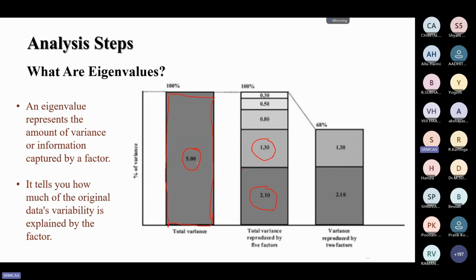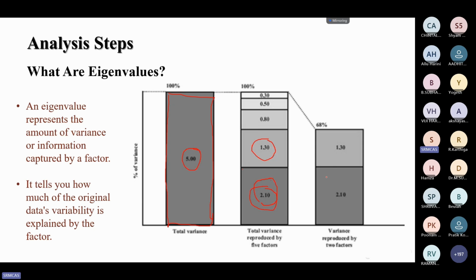Here we are using 5 variables, so 5 factors are generated, each maximizing a different amount of variance. If we divide this by the total variance, we get the percentage of variance explained by the particular factor.